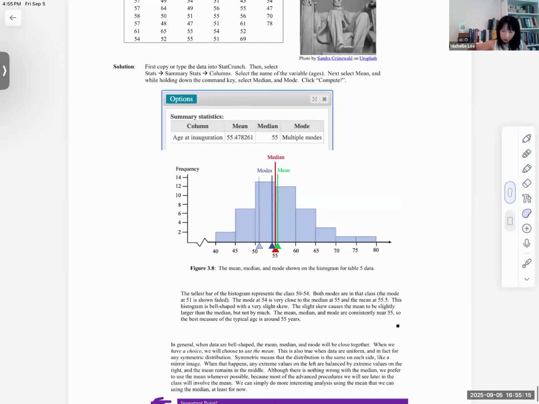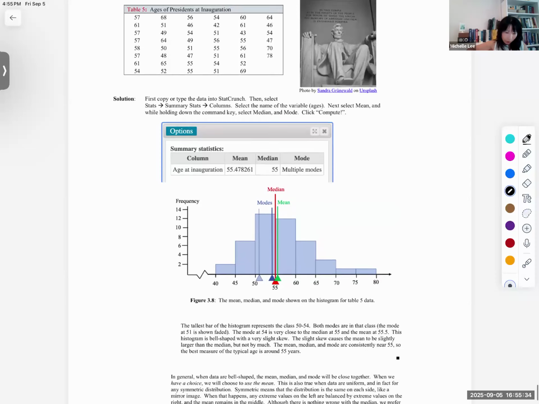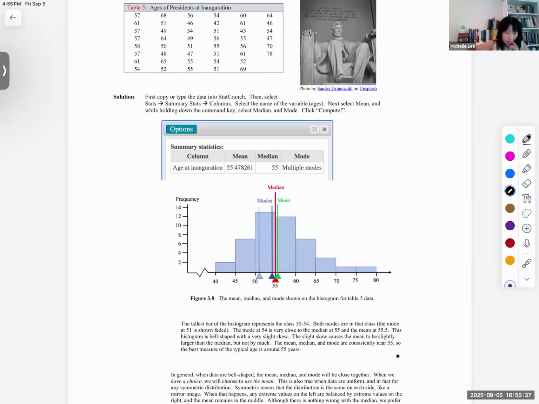Okay, let's take a look at the histogram from the textbook. So this is the mode, around 51, right? A lot of people had a 51. Now, the median is 55 and the mean is 55.47, right? We learned about distribution.